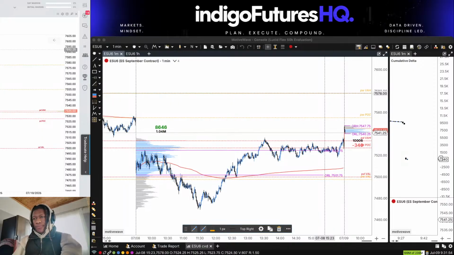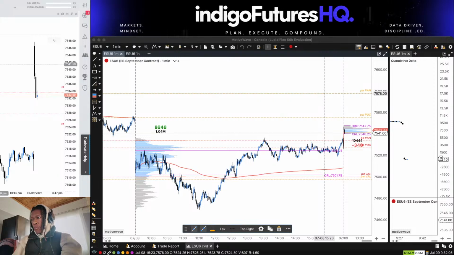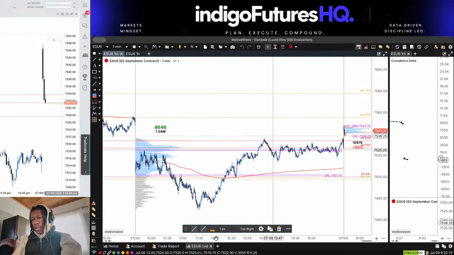Plus, that should not have been that complicated. But yeah, look, previous day value area high right now.